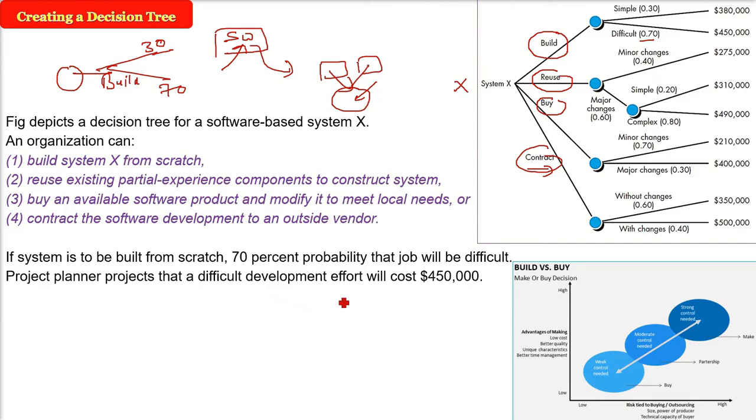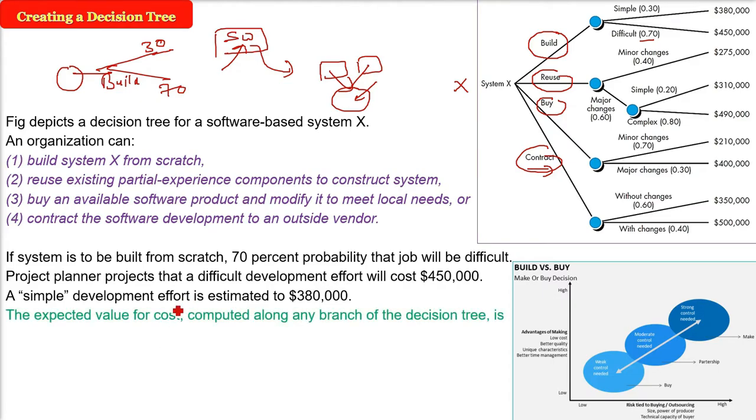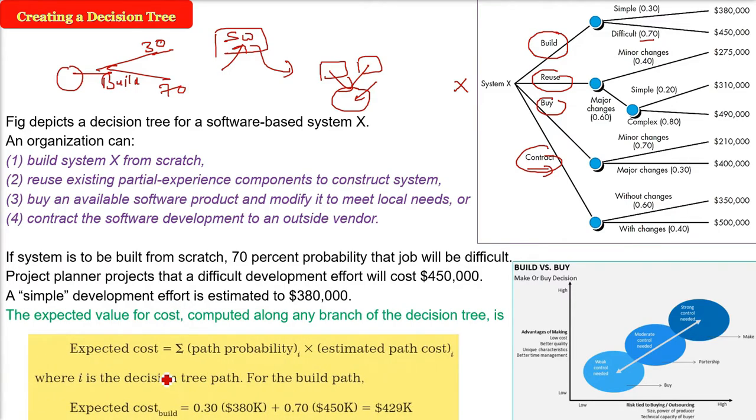The project planner now projects the cost: if you go the difficult way, the effort will be $450K, that is $450,000. A simple development effort will be $380K. So how do we compute the expected value of the cost?